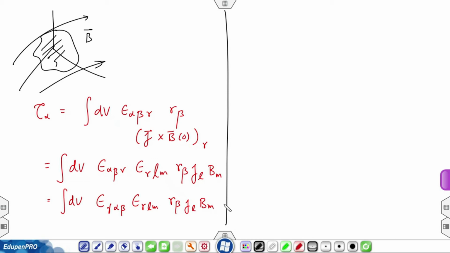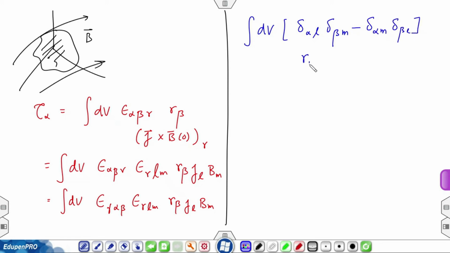And using the identity for the products of two Levi-Civita symbols, I write this as integration dV delta alpha l delta beta m minus delta alpha m delta beta l times r beta j l B m, which is equal to integration dV.